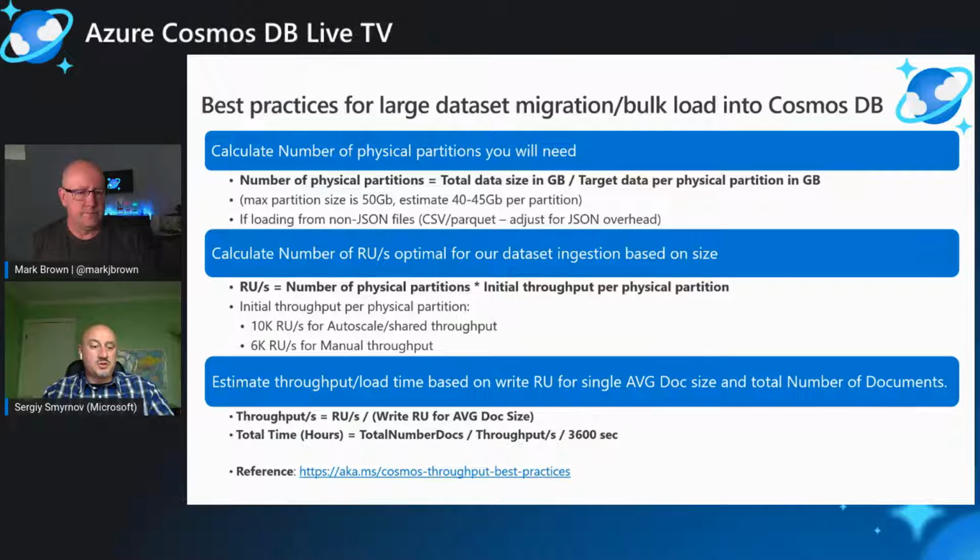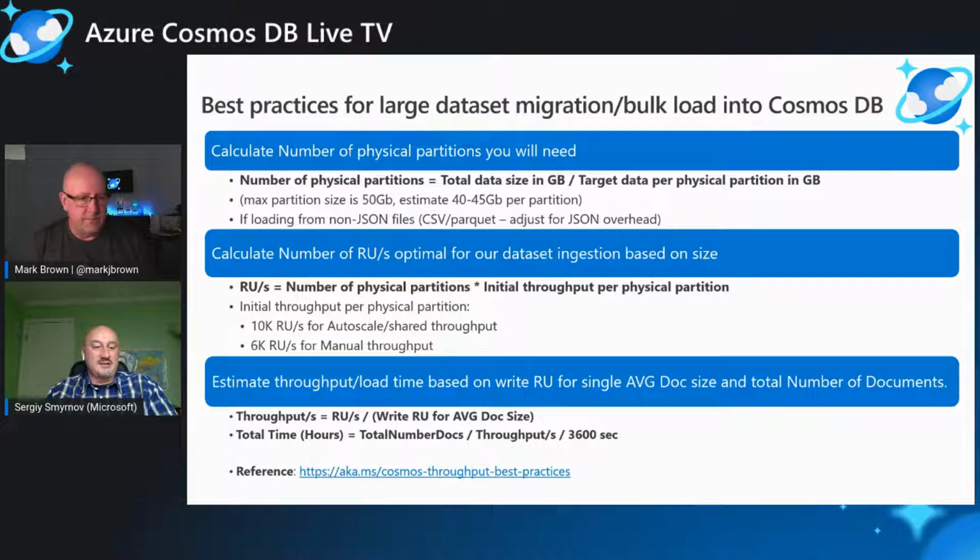And then we usually use 2 factors here to do the estimation, depending on mode of provisioning of throughput. For auto-scale or shared database throughput, the rule is it's 10,000 RUs per physical partition. That's the max limit. For manual throughput, it's 6,000 RUs per partition. I honestly do not know why we have a difference, but that's just a historical difference, I guess.